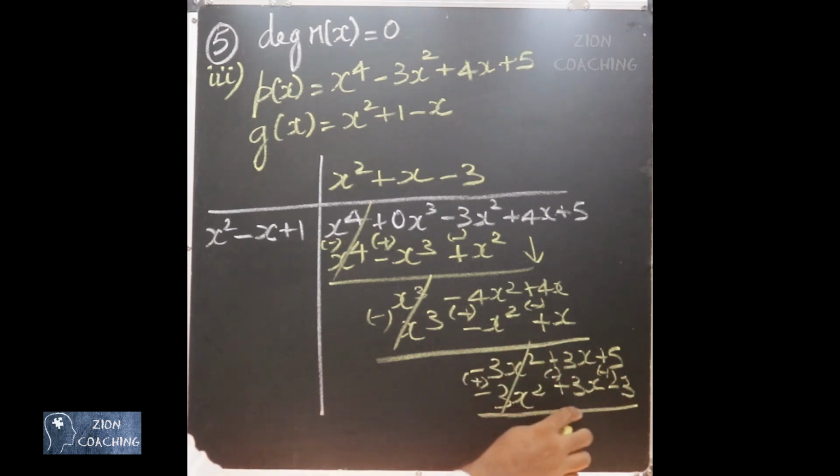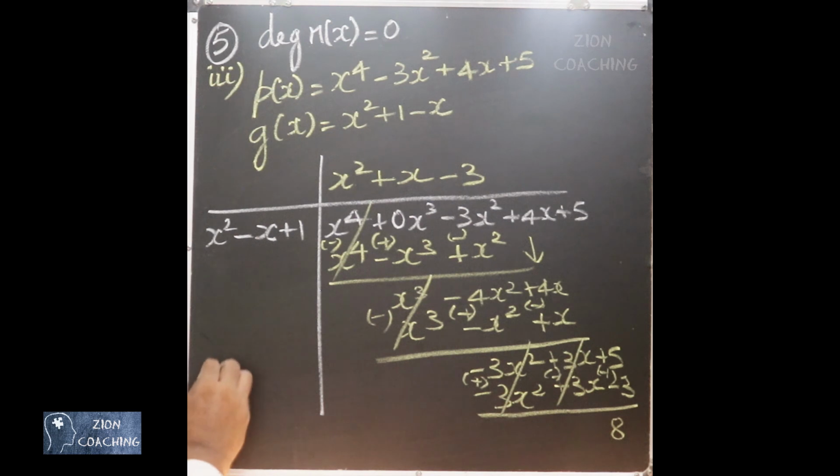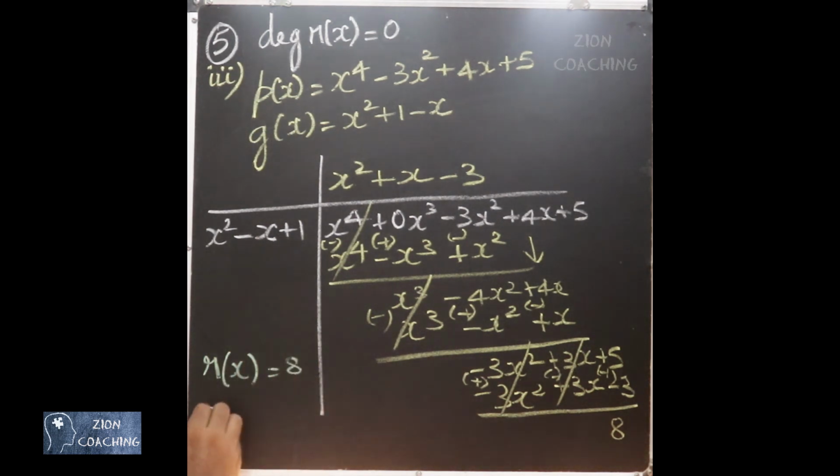This will get cancelled. 3x minus 3x will get cancelled. 5 plus 3 is 8. Now we found out that our r of x is 8. You know that the degree of a constant polynomial is 0. So now we have found one set of polynomials, p of x, q of x, r of x, in which the degree of r of x, that is the remainder, is 0.